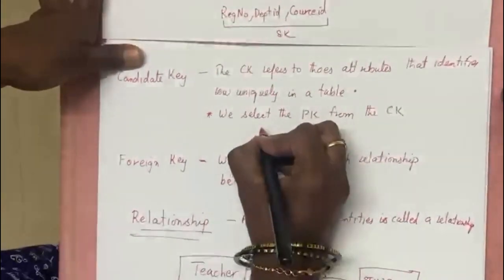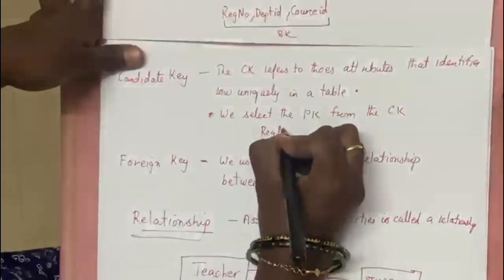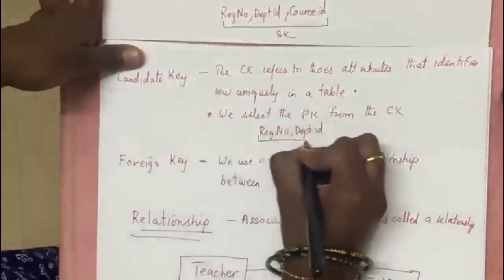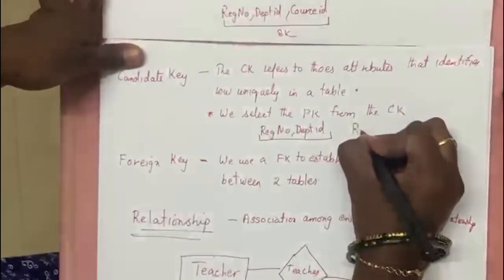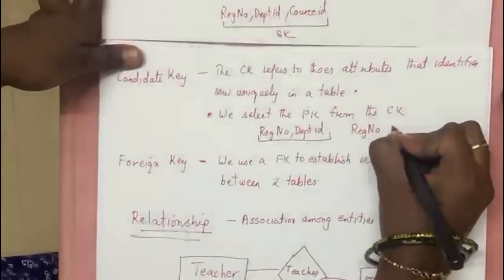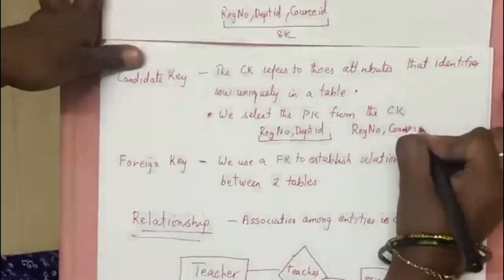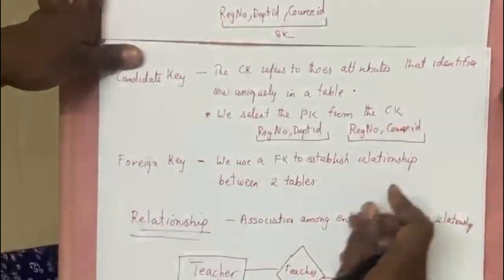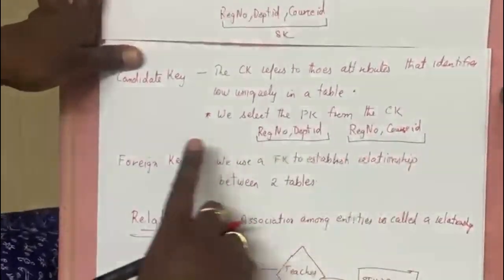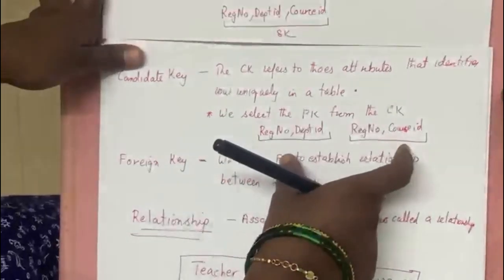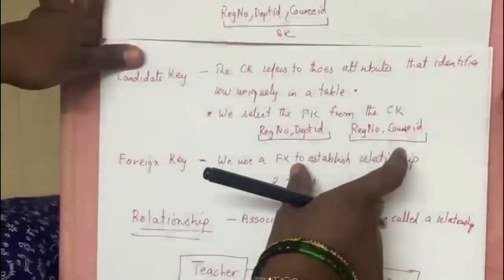So in this one, I can take register number and department ID as a candidate key, or I can even take register number and course ID as a candidate key. So this, if you see, is another form of, so if you see, from a super key I can derive a candidate key because it's a subset.